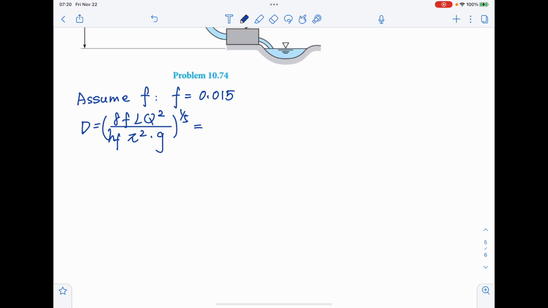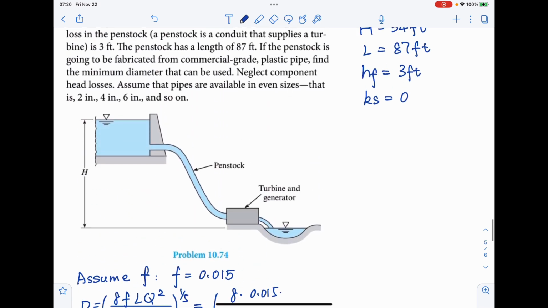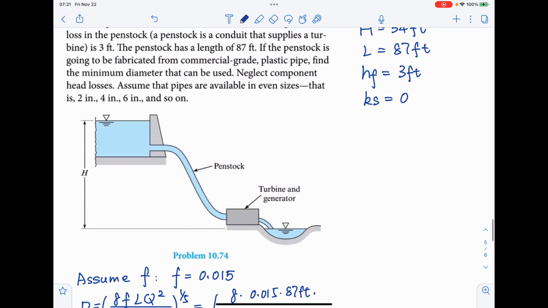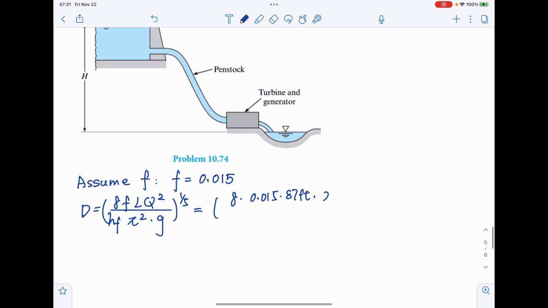And if we plug the numbers in, 8 times 0.015 times L, which is 87 feet, times Q squared, over the head loss, the maximum is 3 feet, times pi squared times g, for the English unit is 32.2 feet per square second.